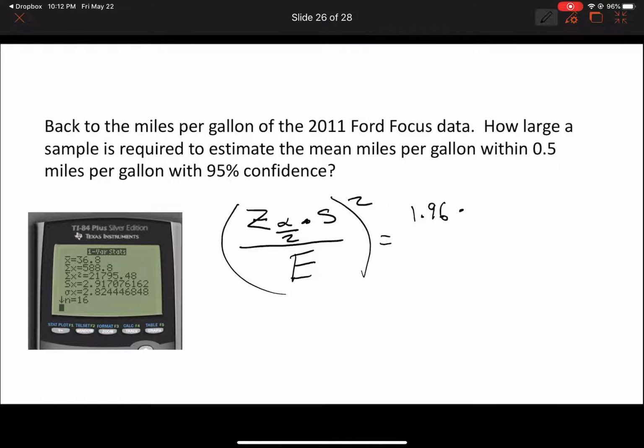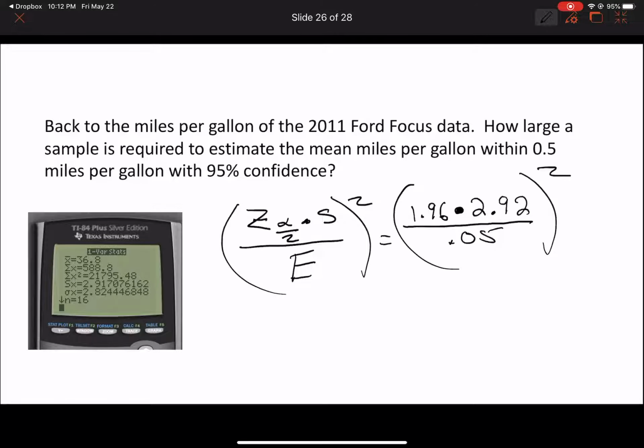Our sample standard deviation is 2.92. That's what I'm going to use. This is a multiplication. Divide that by our margin of error, 0.05, and then we will square that.